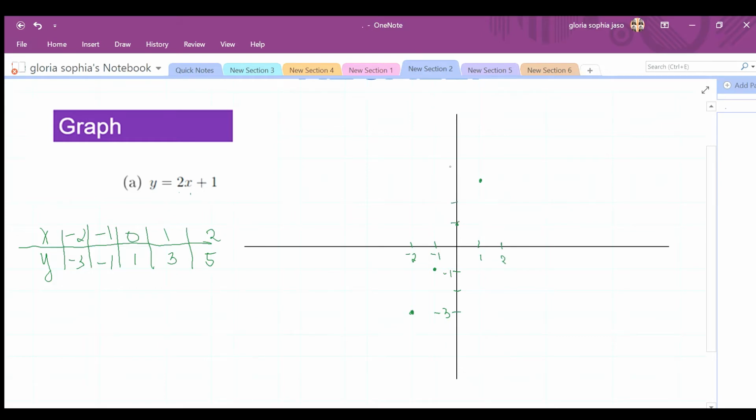So, 1, 2, 3, 4, 5. Okay? And then, we just connect them, class. So, that is our first graph.